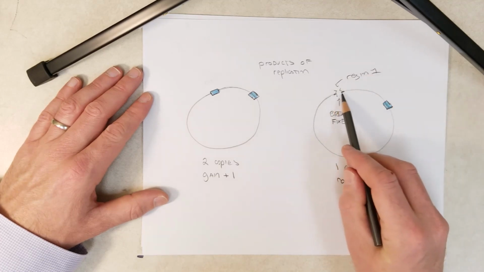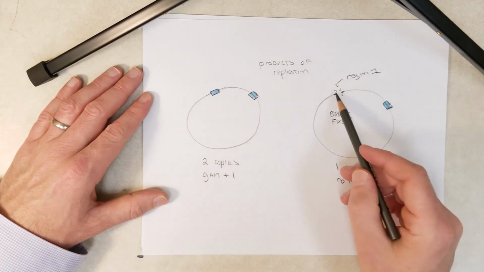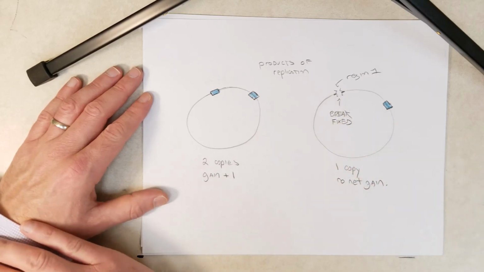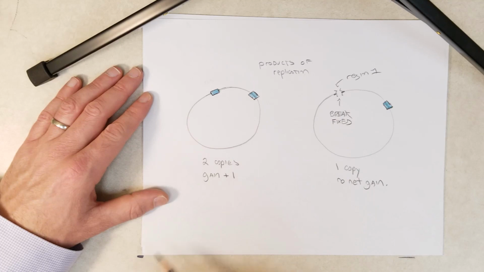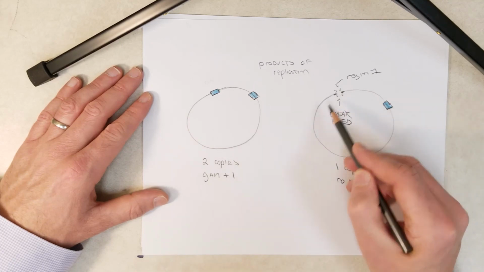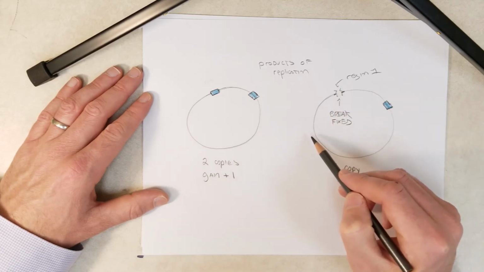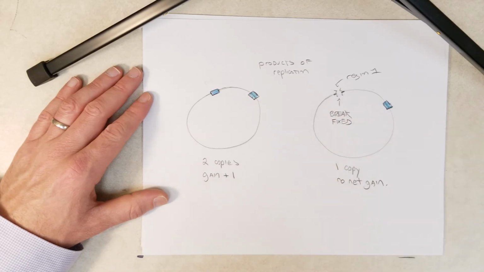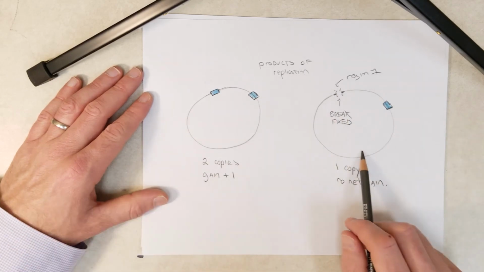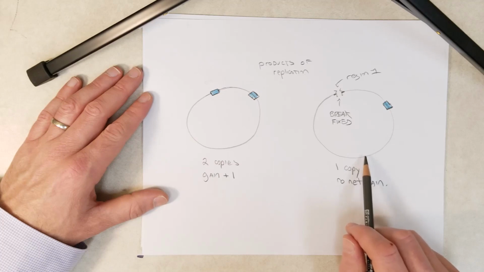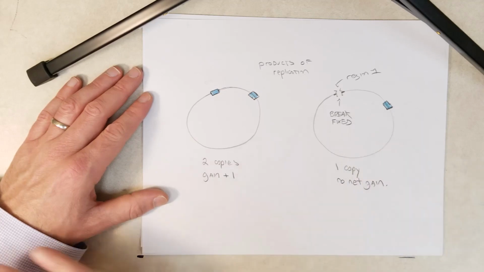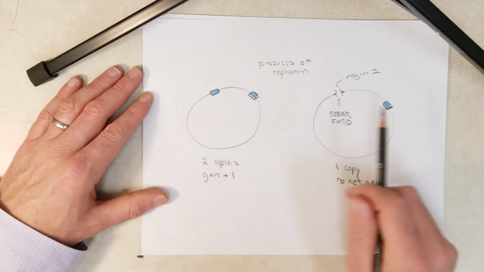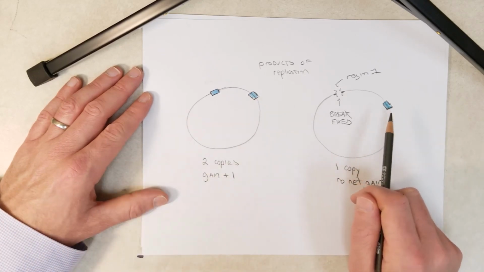I'm still showing the break here, so we have to assume that the DNA repair processes of the cell are going to fix that break. If non-homologous end joining is used to fix that break, it'll be stuck together, and this chromosome, this product of replication, will have only 1 copy, so no net gain in the number of that IS element in this chromosome.